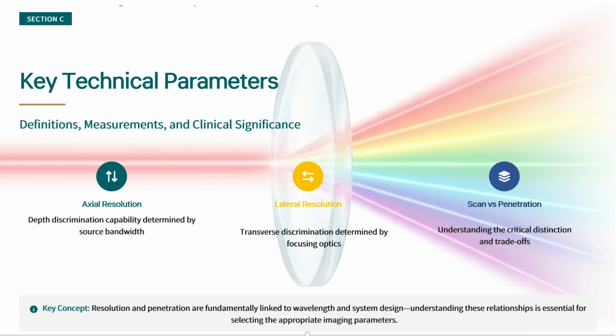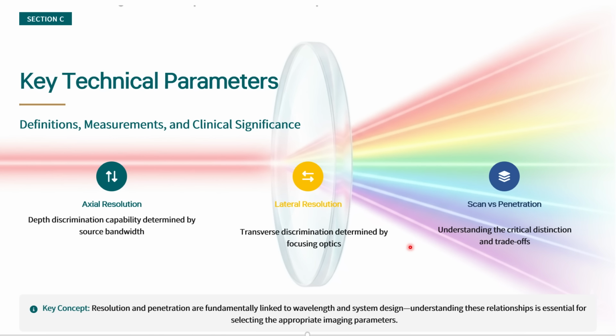Now, after we finish the image generation and image display, we come to the final part of the basic principle or the physical optics of the OCT, which has important terms that we should know and know the difference between them: the axial resolution of the OCT, the lateral resolution, and the scan depth or the penetration.